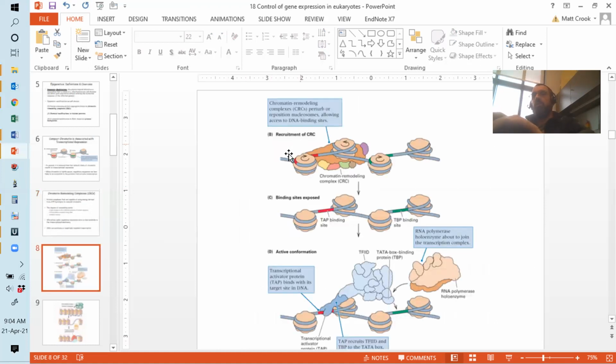And this is one example of how CRCs work. Essentially you can see here we've got this multiple-subunit protein complex, and what it does is it binds to, and actually I'm not 100% clear how it recognizes different sites. This is partly how complex it is and partly the fact it's very hard to know everything.